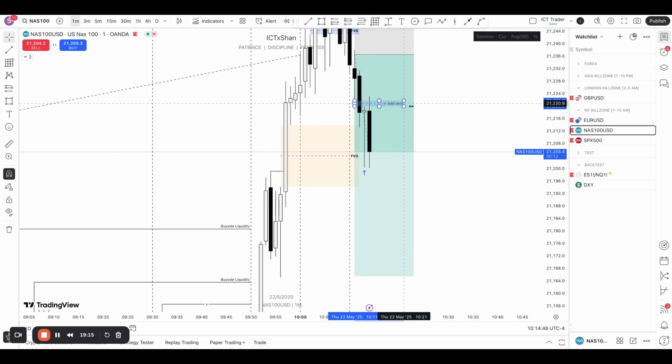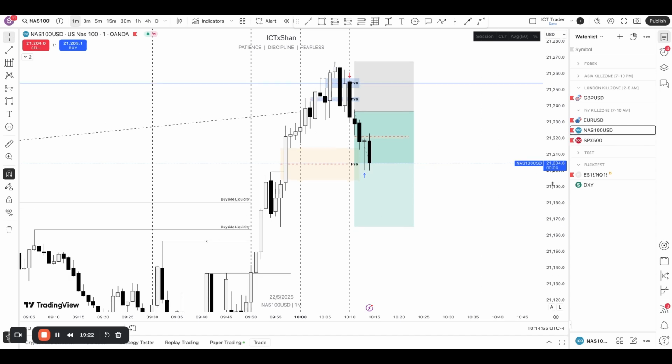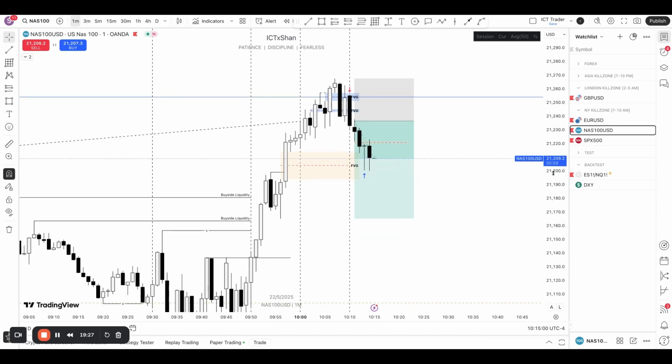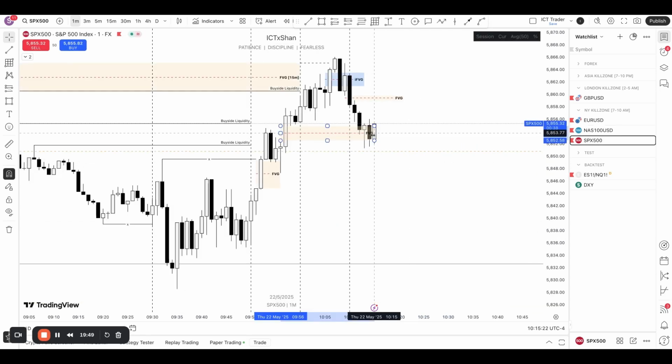Small power gap at this point. Yes, interesting. It seems like NQ is disrespecting this power gap, but it's still inside the power gap. We'll see.